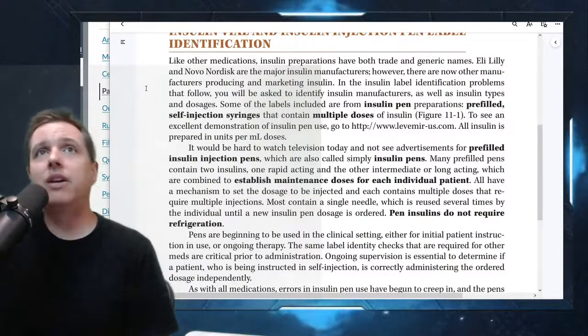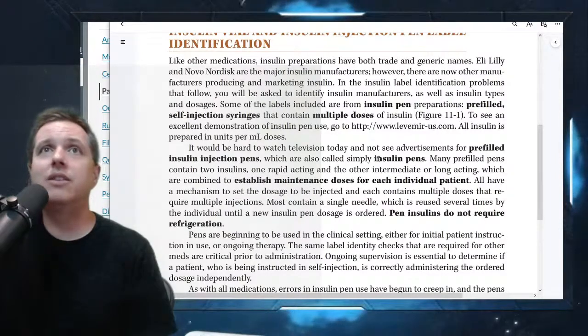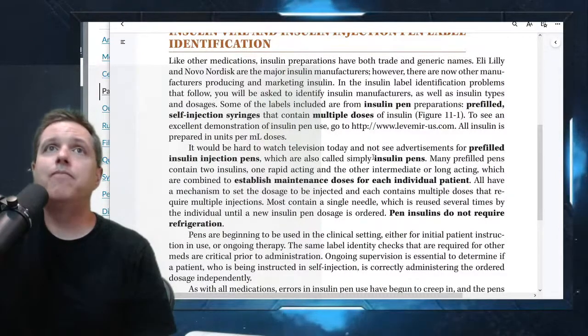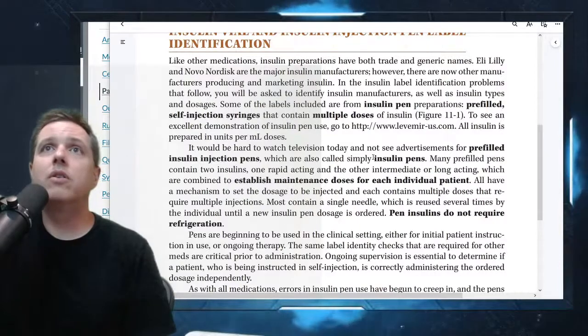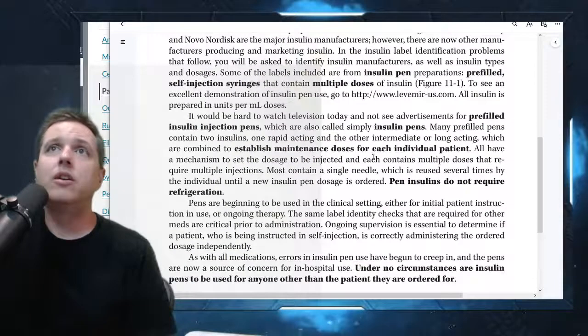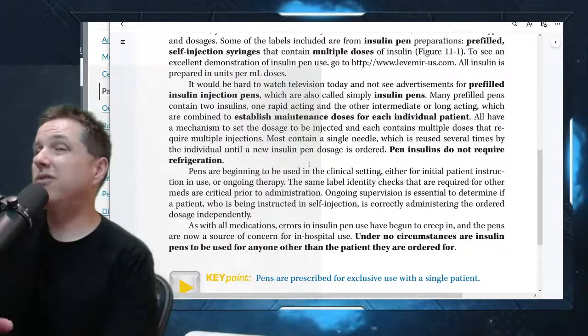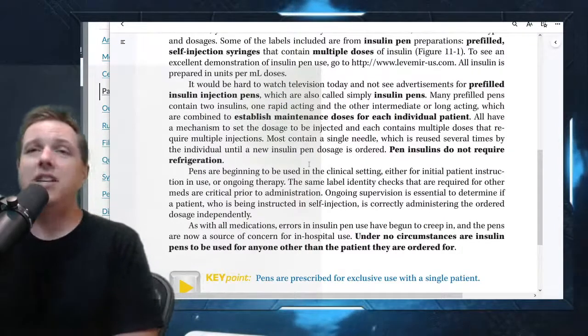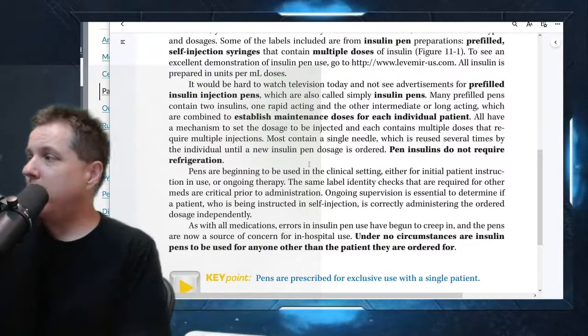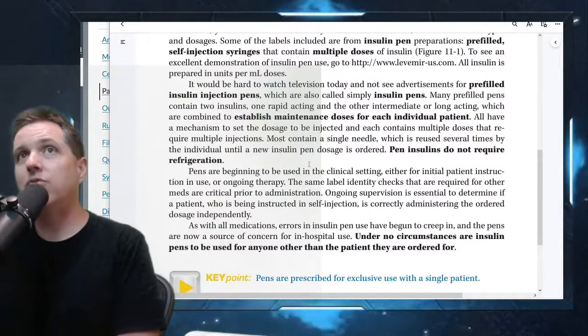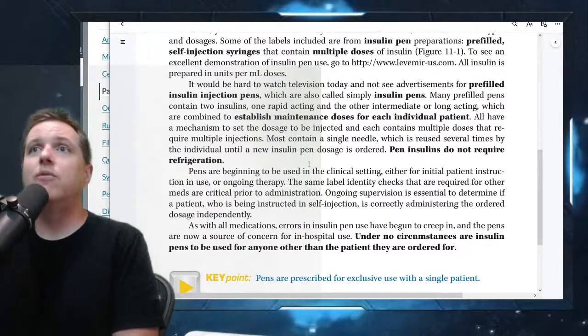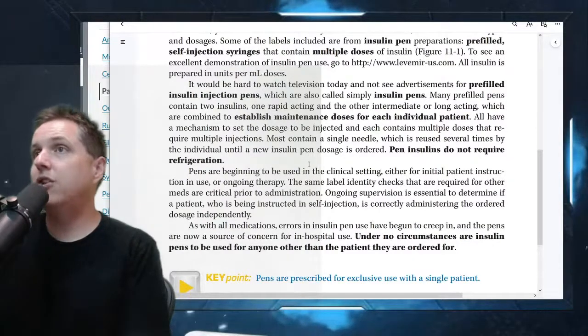They talk about, I guess, highly advertised these insulin pens. Right. Pen insulins do not require refrigeration, which is helpful, right? Any complications you need for a medication make it harder. That's a concern with any type of medication.